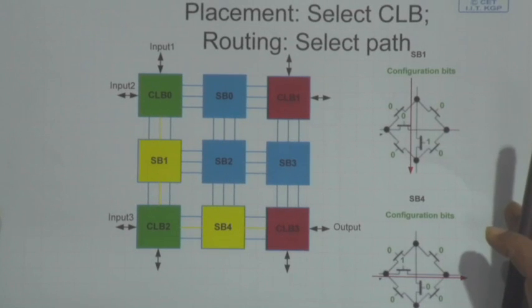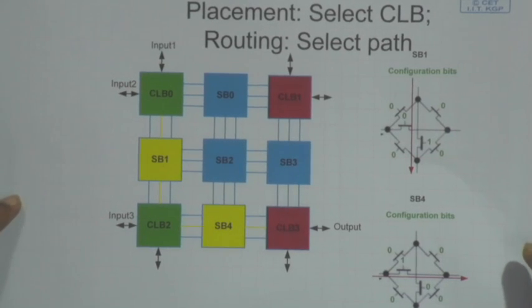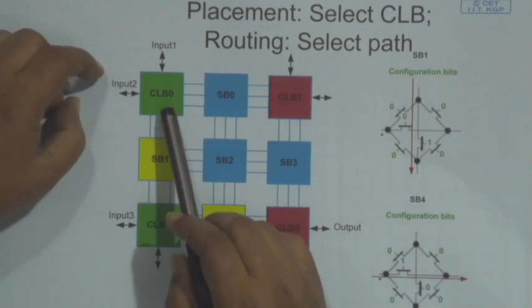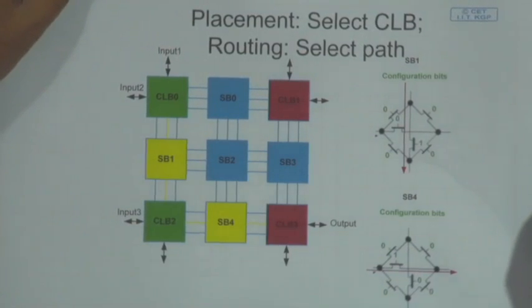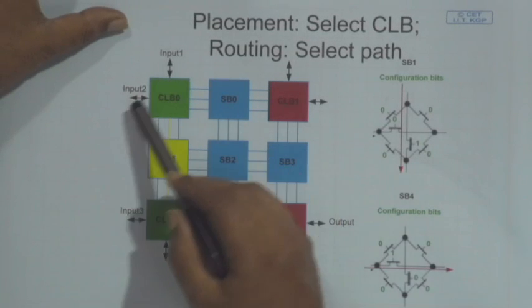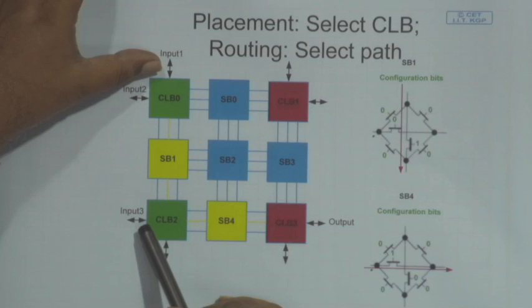Now, if I come here and say I decide that my two inputs will be coming here. There are three inputs in my desired circuit. Input 1 and input 2 will be coming here. Input 3 will come to this CLB.